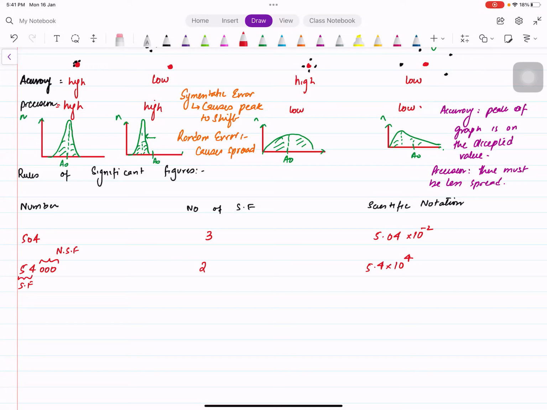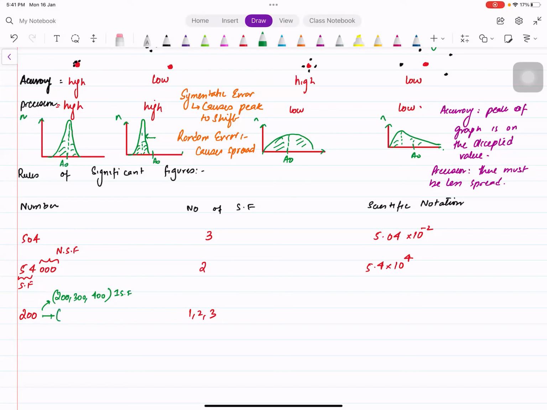Now, if you're given 200, it could have 1, 2, or 3 significant figures, depending on the data, on the series. If the series is 200, 300, 400, only one number is changing, so it's one significant figure.